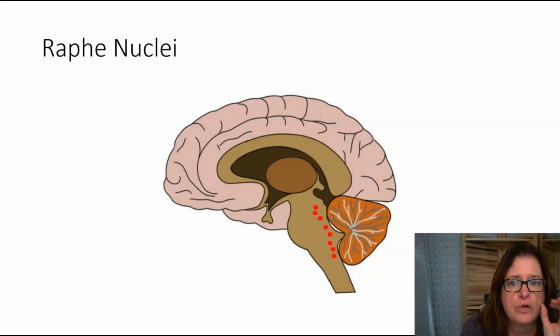So the neurons that produce serotonin originate in the raphe nuclei. So it's responsible for a lot of things.